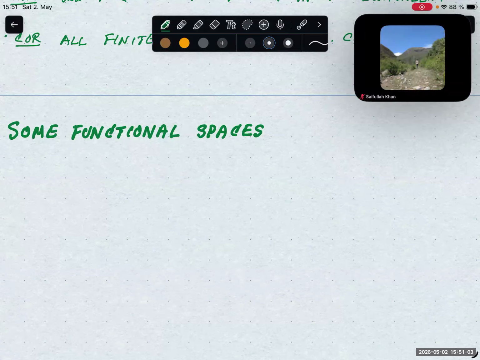Let Kn be the space of all the sequences.